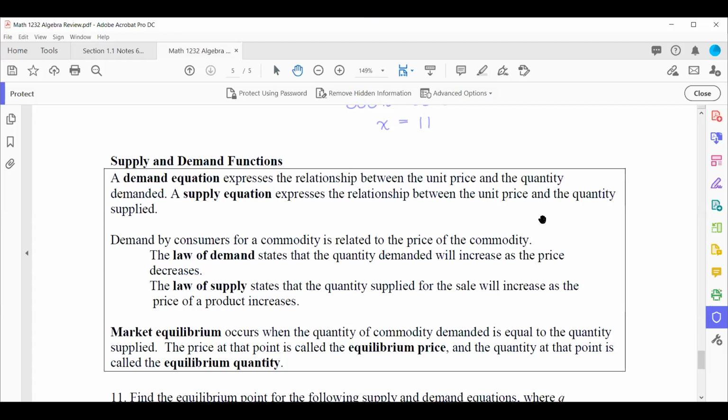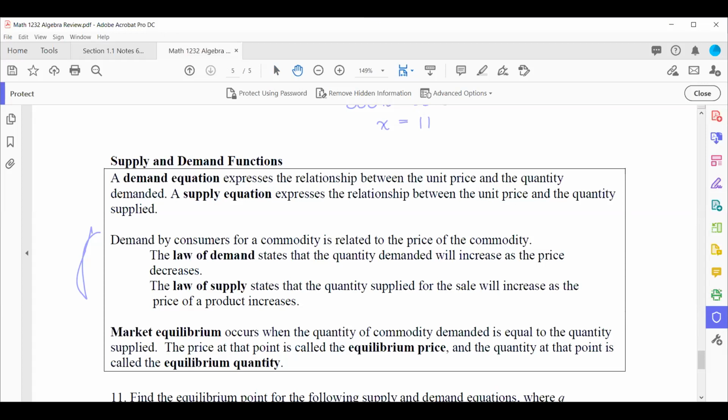All right. Just for your information, in the middle of this box it says that the law of demand tells us that the quantity demanded will increase as the price decreases. Should make sense. And then as the price of a product increases, the quantity, wait a minute. Something right there.